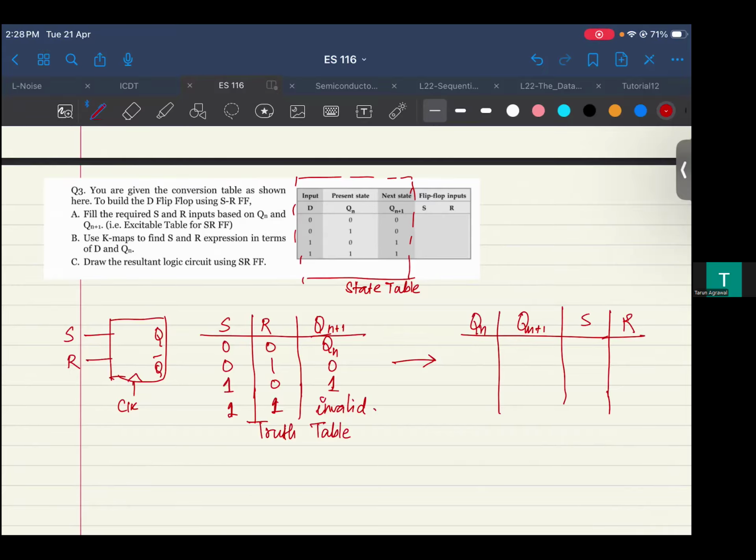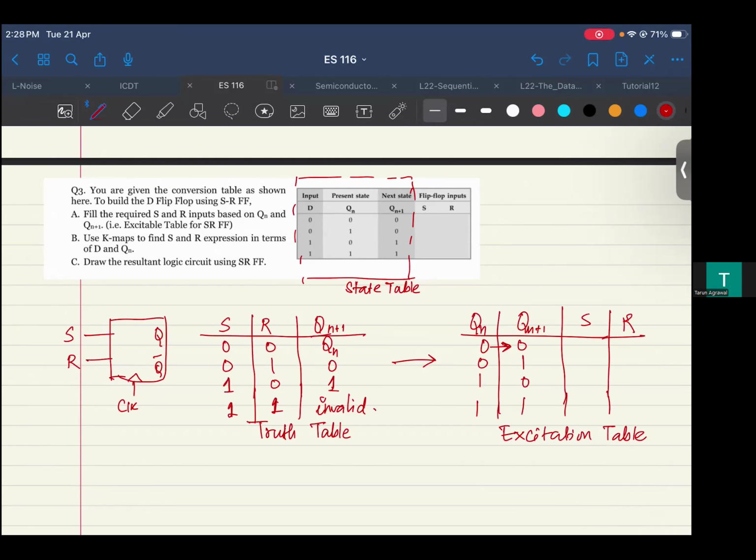Excitation table means you are looking at, if I have to go from this state to, let's just fill this table, if I go from 0 to 0, what are the possible inputs at S and R which make this transition? That is what your excitation table is.